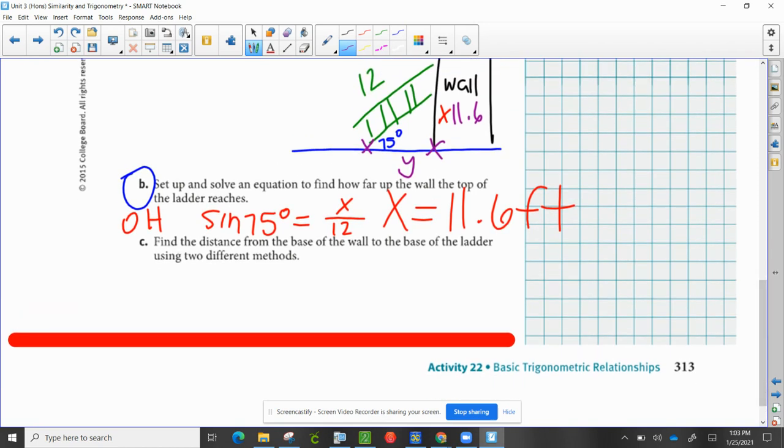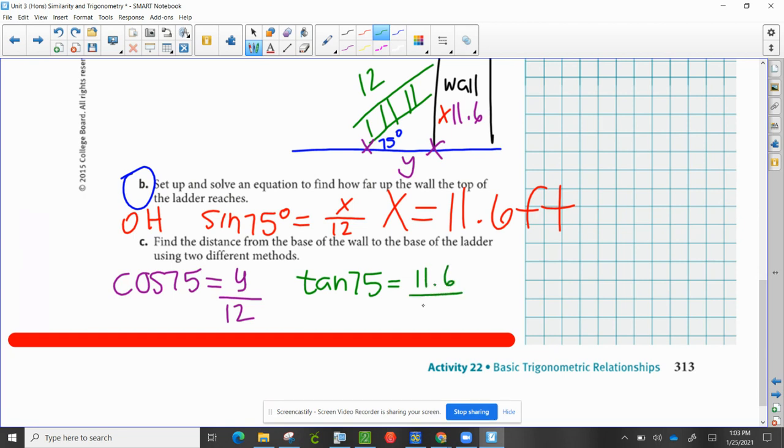Okay. Well, one way you could do it is if you take that y side would be the adjacent side and the hypotenuse. So you could have done cosine of 75 equal to the adjacent over the hypotenuse. Okay. Another way you could have done the tangent. Okay, the tangent of 75 would be the opposite side, which we just found was 11.6, over the adjacent side, which is y.